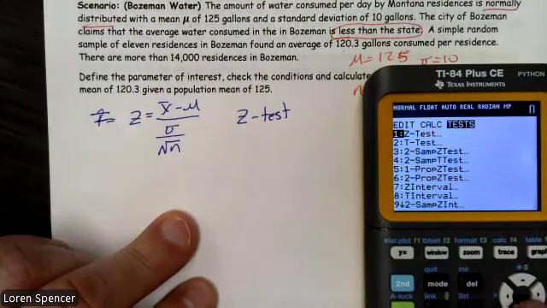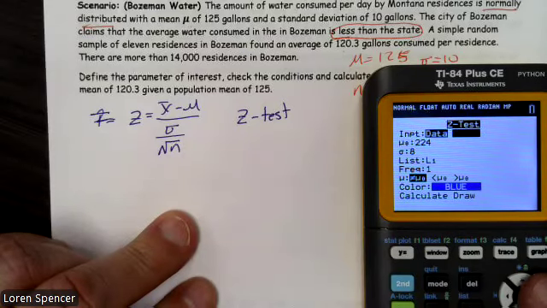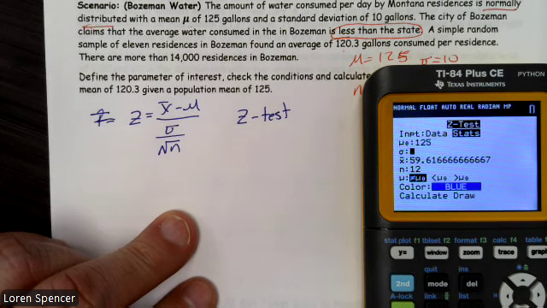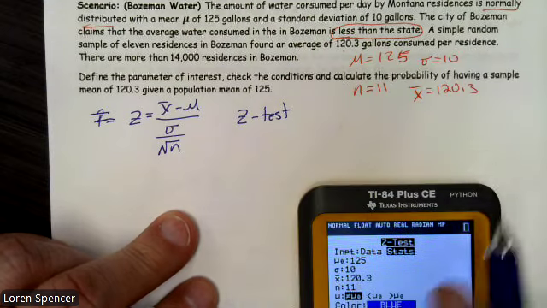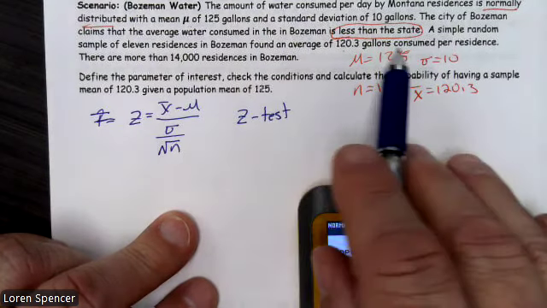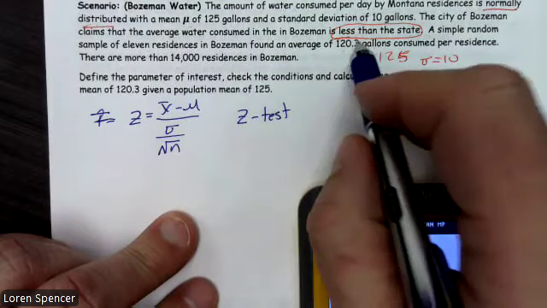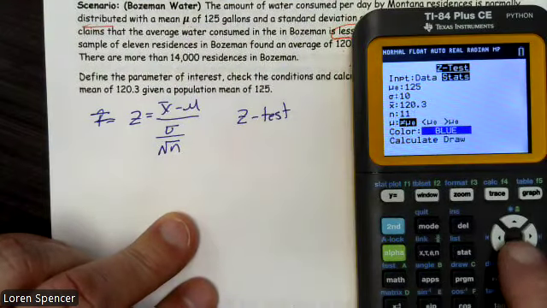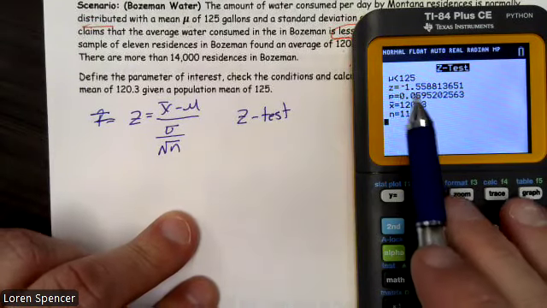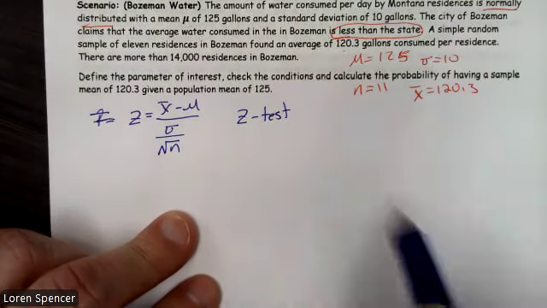Stat, test, Z-test, highlight the word stats, and we're going to have a mean of 125, a standard deviation of 10, a sample mean of 120.3, and N in this case was 11. They wanted to see if it were less than the state, so we need to have a less than symbol. When we do that, we get all this information, and this is what we're interested in.